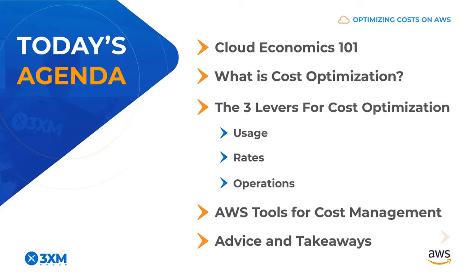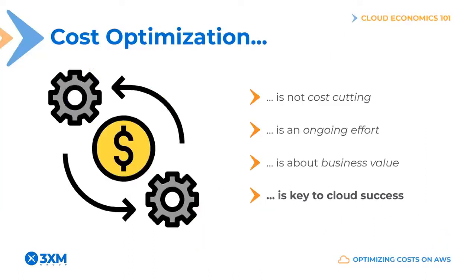Then we're going to briefly touch on some cost management topics and AWS tools that you can use for cost management on AWS. And finally, we'll wrap up with some advice and key takeaways for today's session.